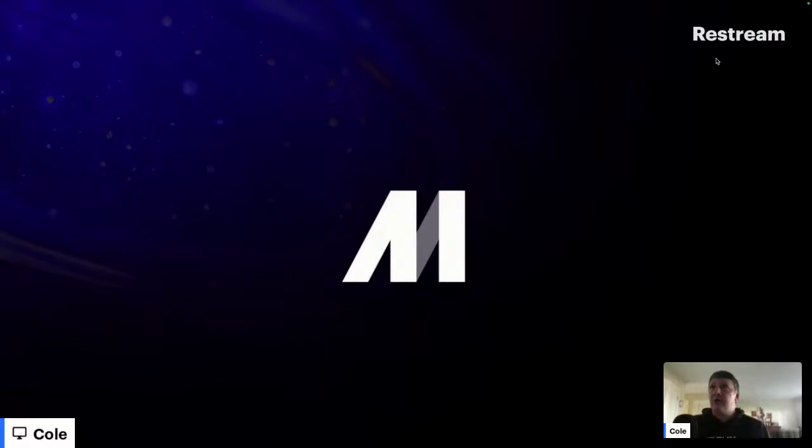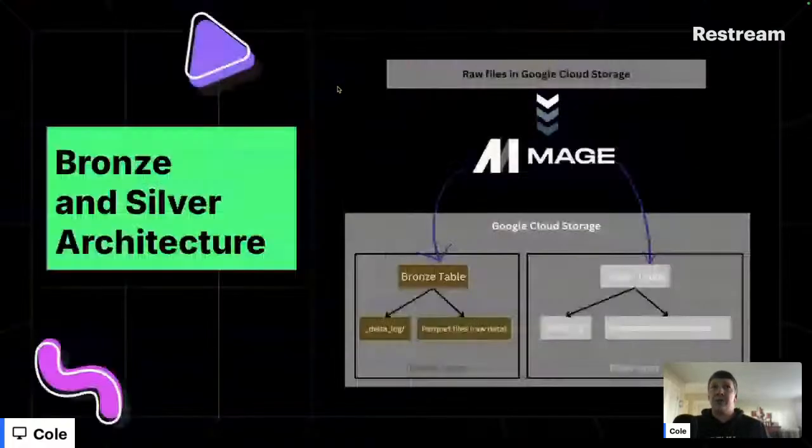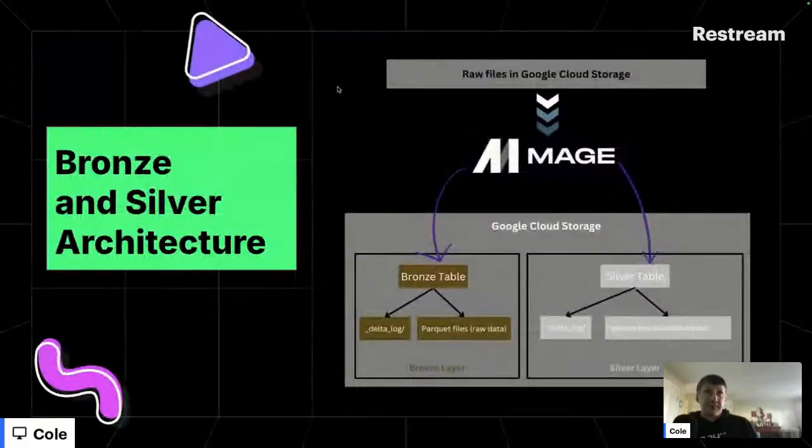Yeah, I can show you the architecture again. It's super basic, just a data pipeline that takes raw files from Google Cloud Storage. It takes a CSV file, a JSON file, and an XML file, transforms that, and basically appends them together, and then writes the raw file to the bronze table and writes a transformed file to the silver table.